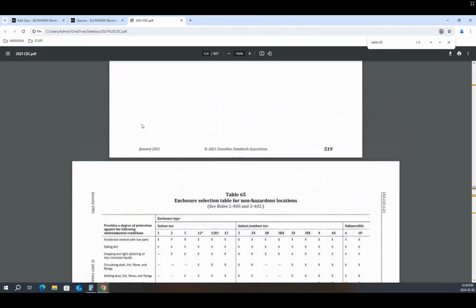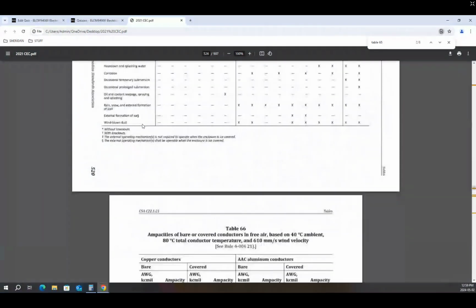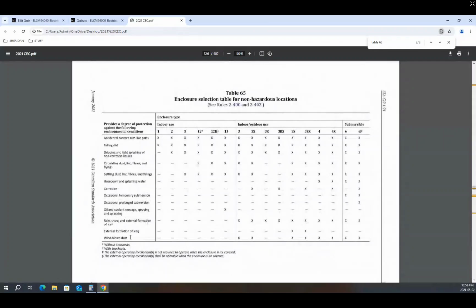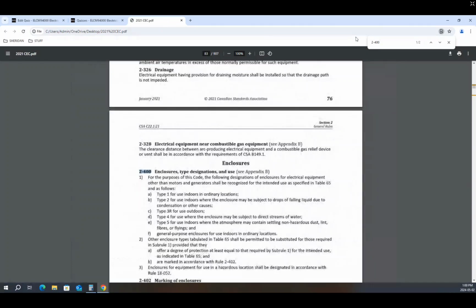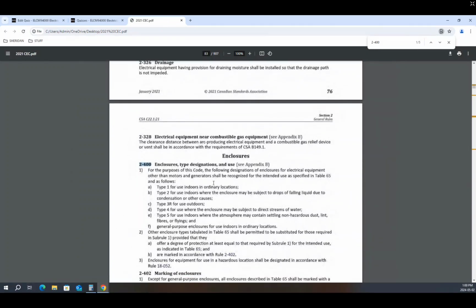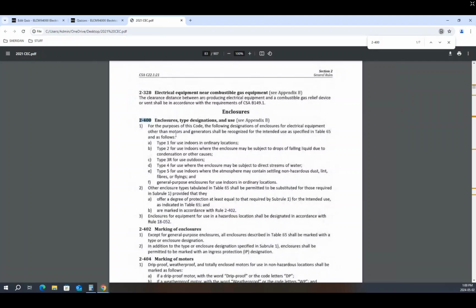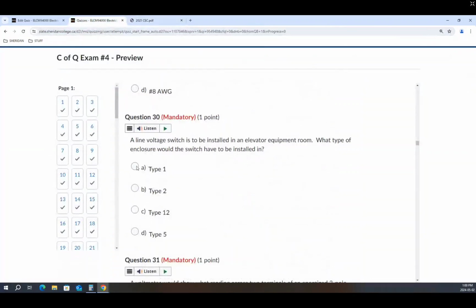Enclosure type. Okay, so it's not much more information here. So I'm going to go back to 2-400. And it is a type 1.